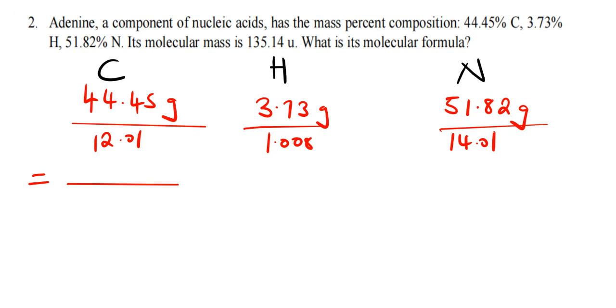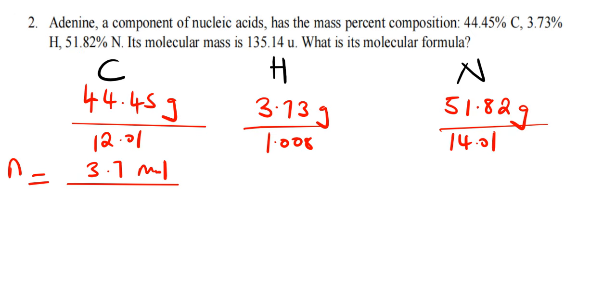Now if I divide, I find the number of moles. I'm just going to call the number of moles n. For carbon, in this case, what are we going to have? I've got 44.45 divided by 12.01. I'm getting 3.7 moles. That is what I have in terms of moles for carbon.